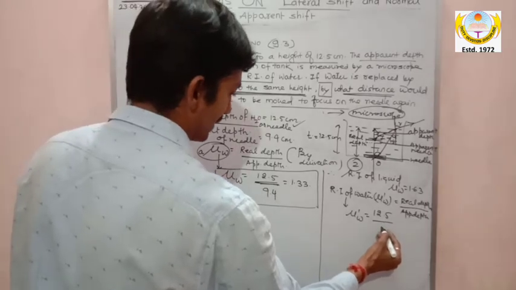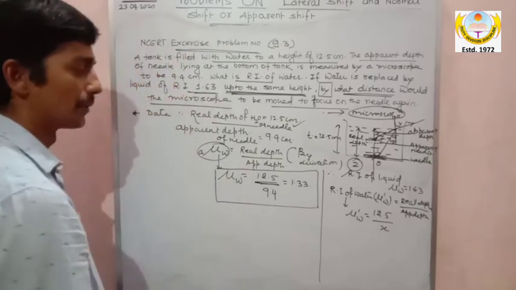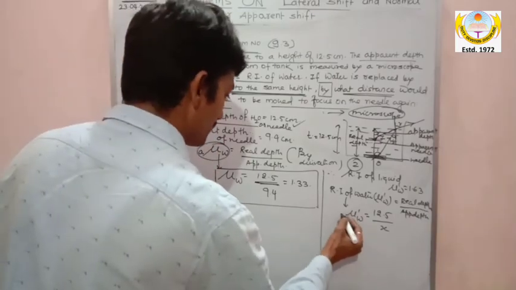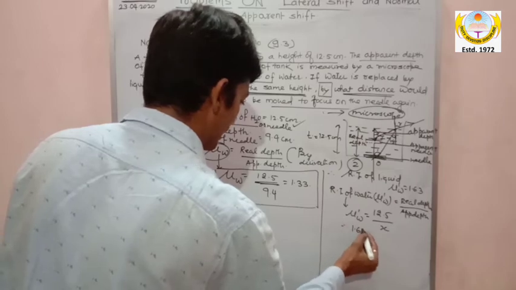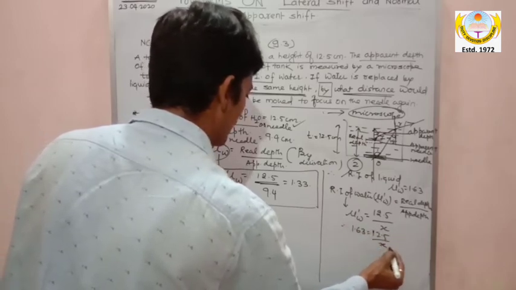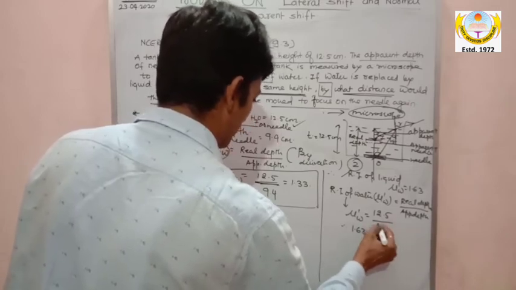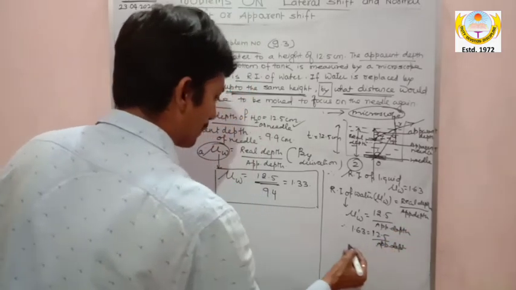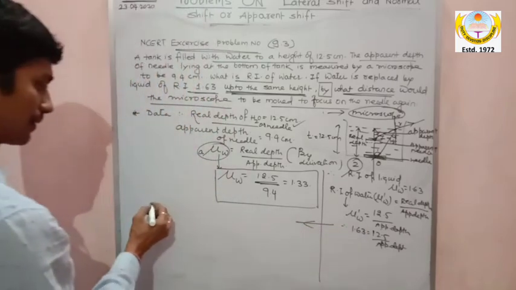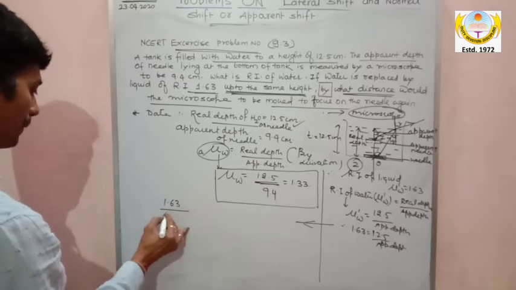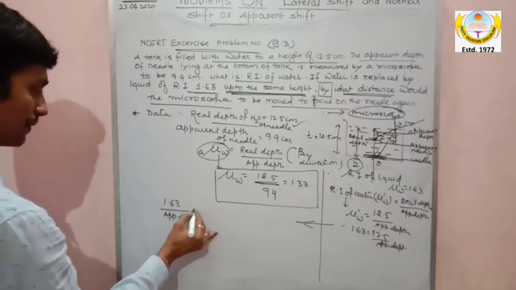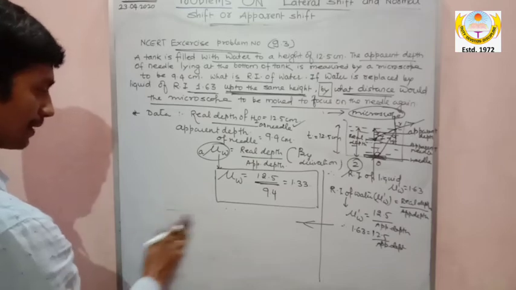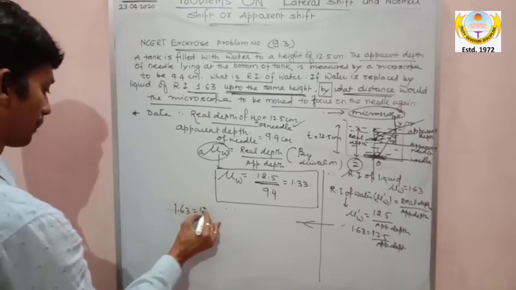I will take it as, my dear, say x, because I don't know it. The Ri I know, therefore 1.63 is equal to 12.5 divided by the apparent depth.